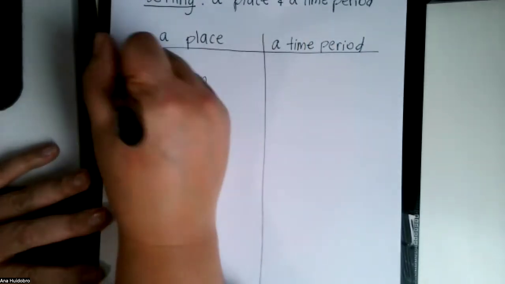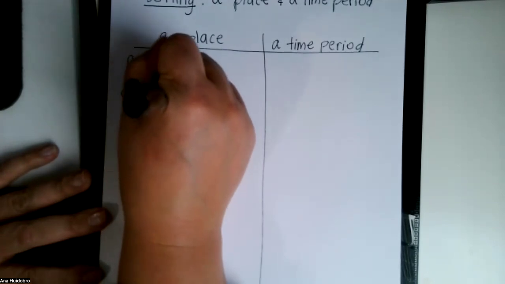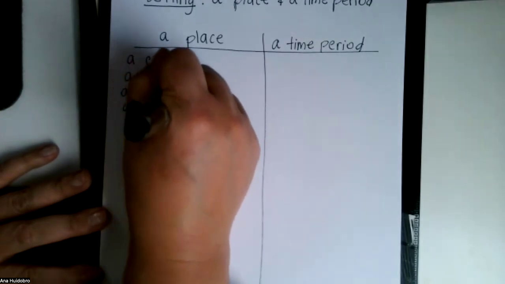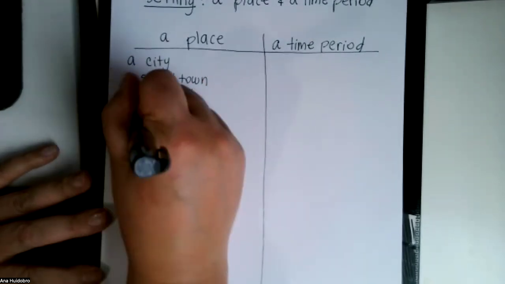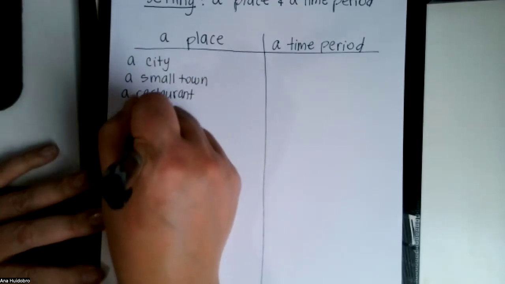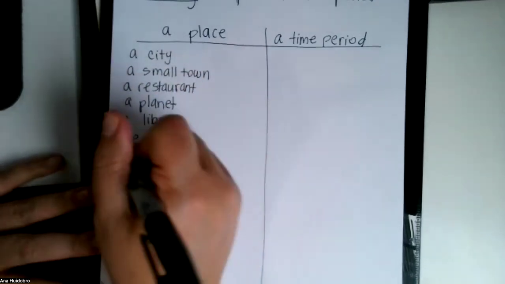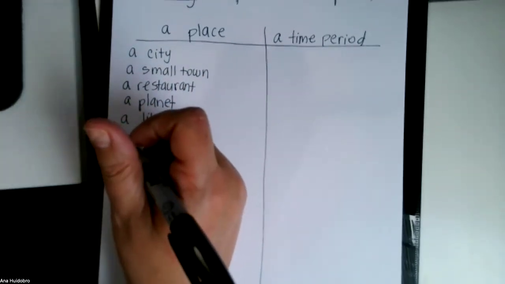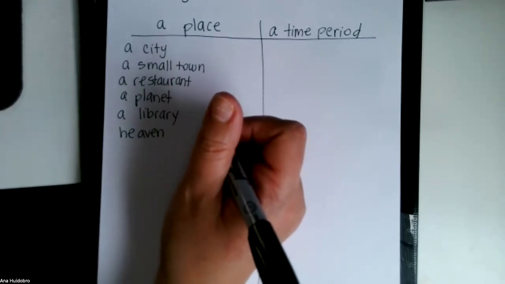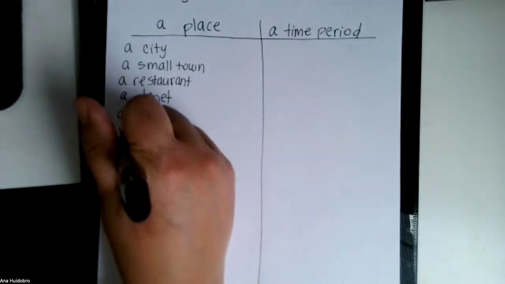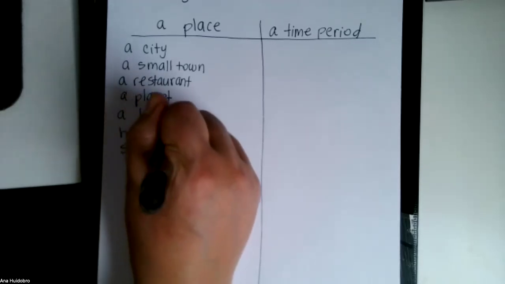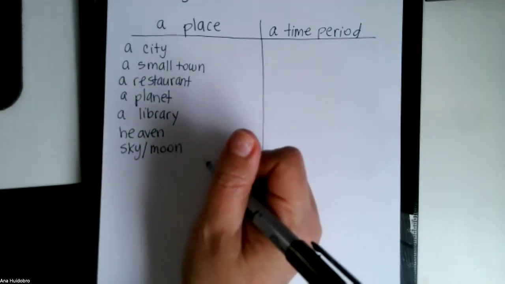and maybe it could be a restaurant. It could be a planet. These are ideas. It could be a library. It could be like heaven. It could be like something you can't physically touch. So for example, you could have a place where maybe the sky, like clouds, could be on the moon, right?